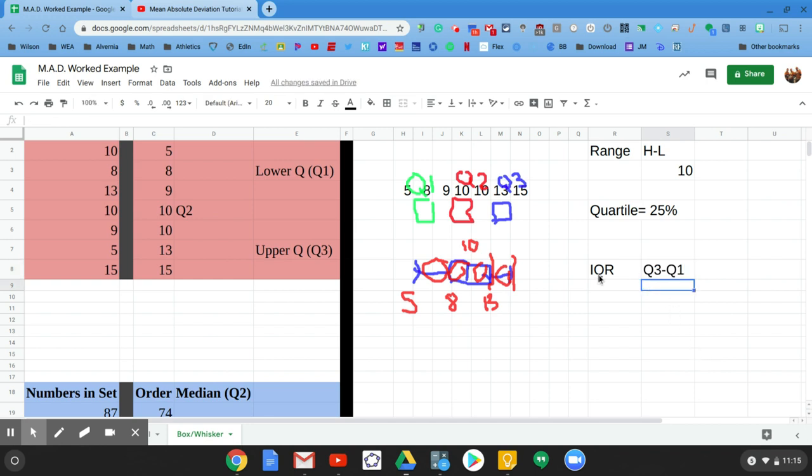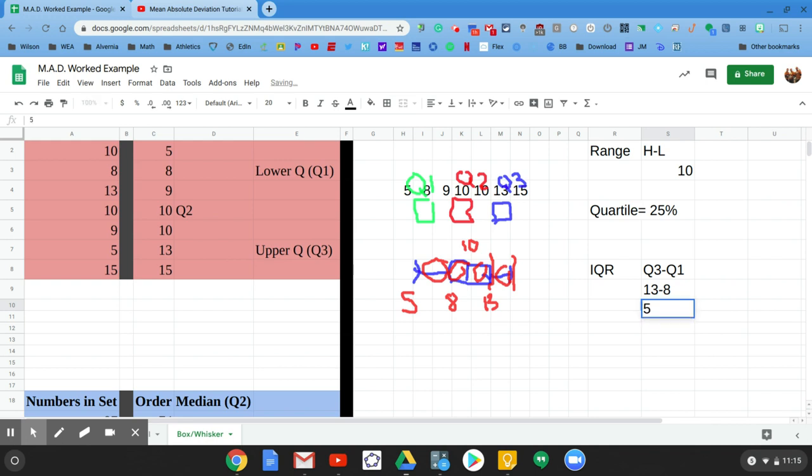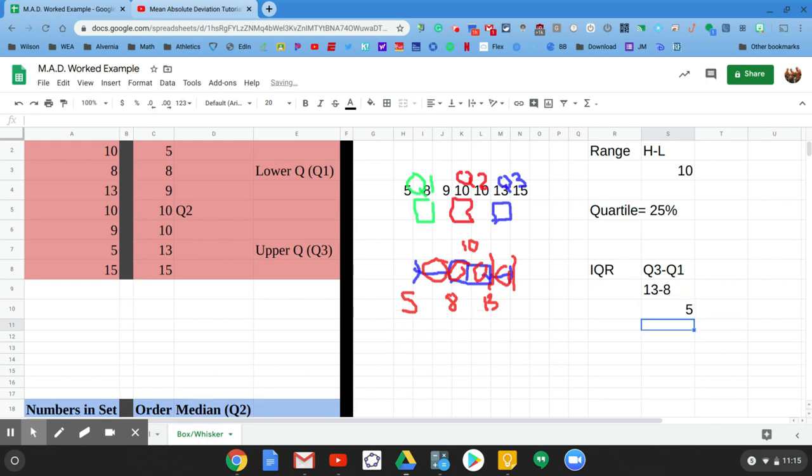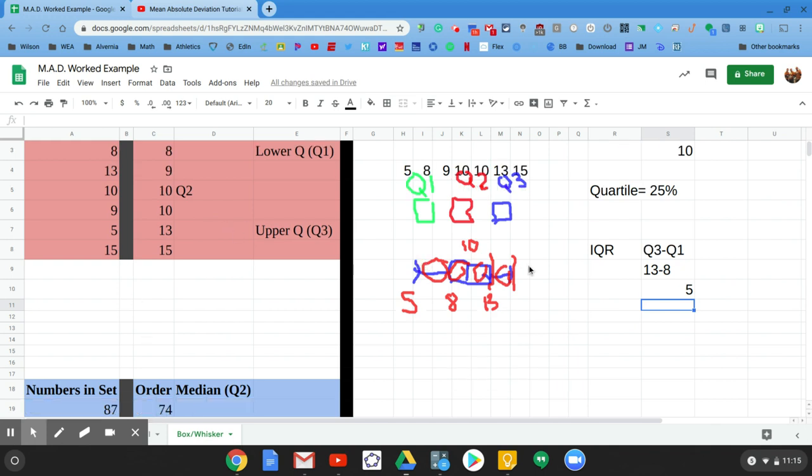A range, as we said earlier, is the high value minus the low, so you're just finding the distance of the box. In this specific example, quartile 3 is 13 and quartile 1 is 8. When we subtract those, we get an interquartile range of 5. So that's a very brief and quick explanation of interquartile range.